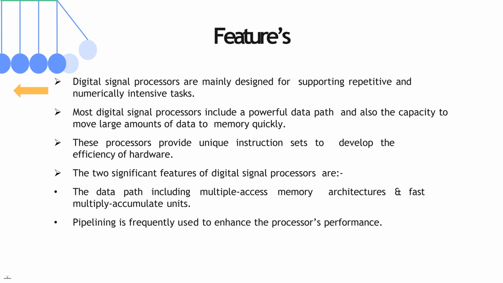These processors provide unique instruction sets to improve the efficiency of hardware. Mainly, there are two significant features of DSP. The first is the data path including multiple access memory architecture and fast multiply accumulate units. The second is pipelining, which is frequently used to enhance the processor's performance.